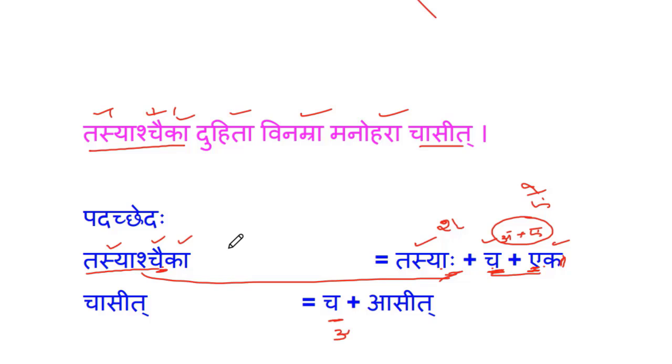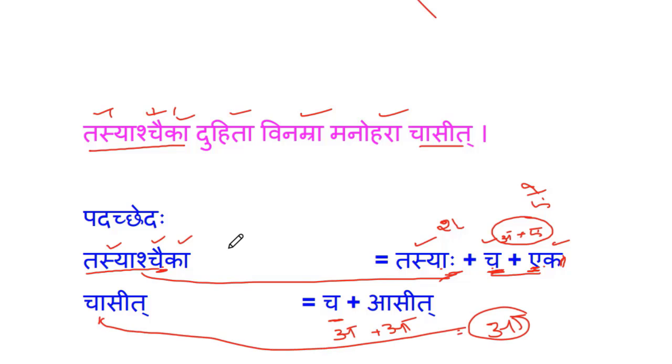A plus a is equal to long a, and this long a came here, chasida. Cha plus asida we also studied last year. So these are the words in this sentence. What is the verb in this sentence? Asid is the verb, meaning was, was there. Who was there?